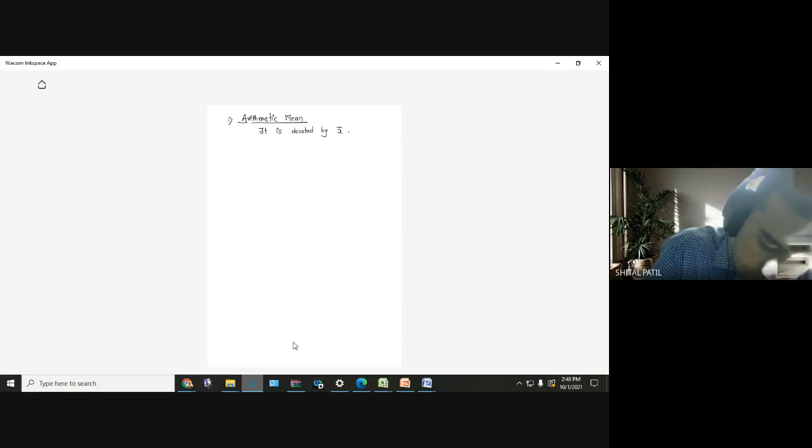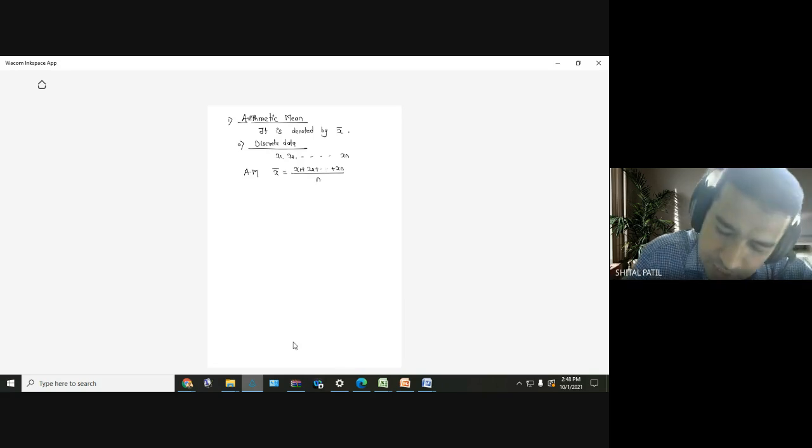Okay, now we are writing the formula. For discrete data. How the discrete data is given? X1, X2 up to Xn. Then what is arithmetic mean? X bar equal to, I think everyone knows this. This is very simple. x1 plus x2 up to xn divided by number of observations n.